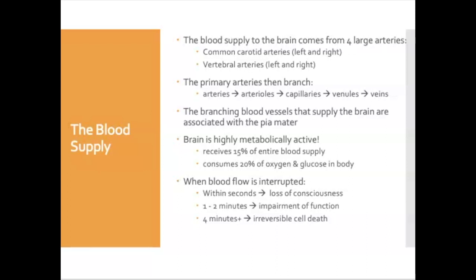You can see this when you see situations where blood supply to the brain is interrupted. You can see what happens when it can't get those energy needs met, when it doesn't get the oxygen it needs, when it doesn't get the glucose it needs.